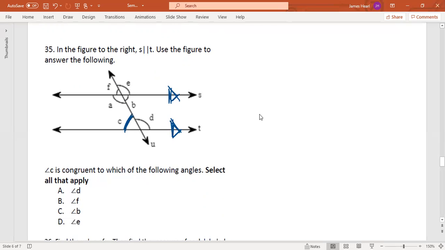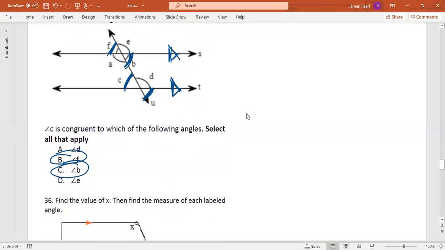There are four things it could match. It has a corresponding angle up here at F, which means I do want to take F as an answer. It has an alternate interior angle at B. I do want to take B as an answer. And it has a vertical angle right here, which is not listed as anything. So at which point I've done the whole problem. B and C are the only two on that list that work.